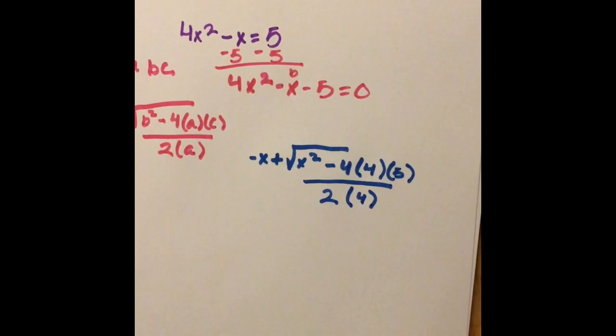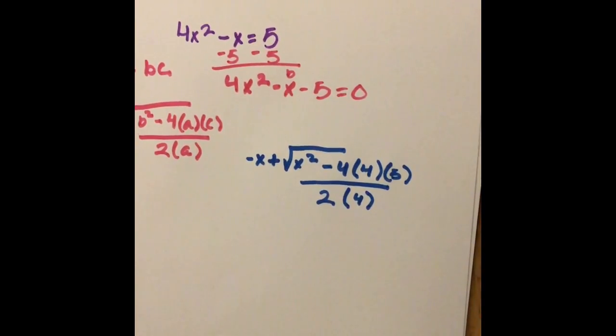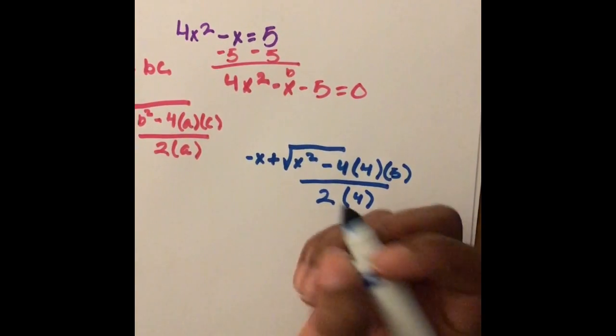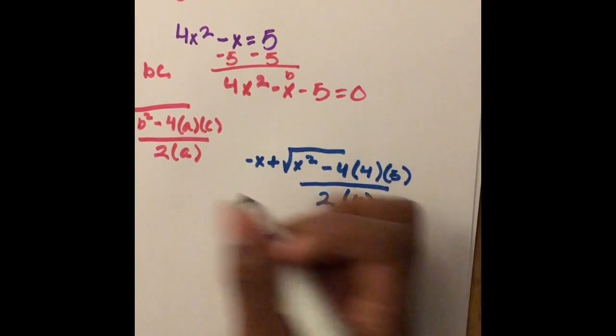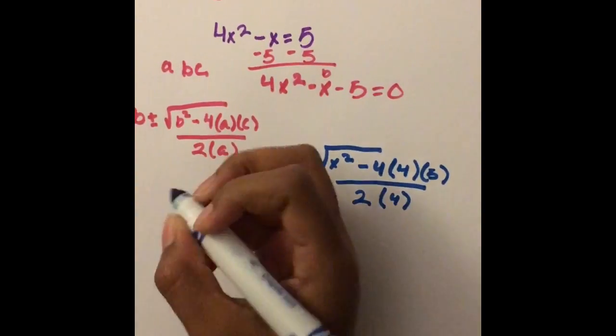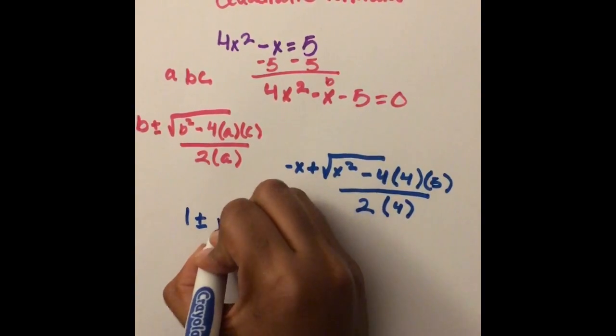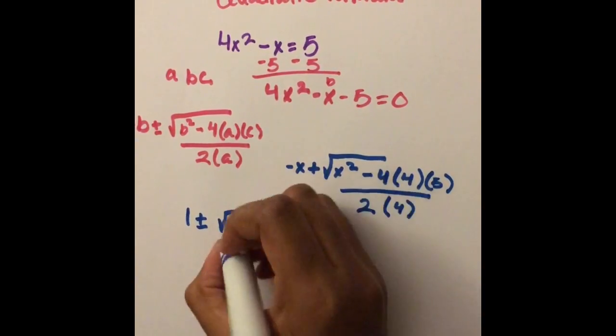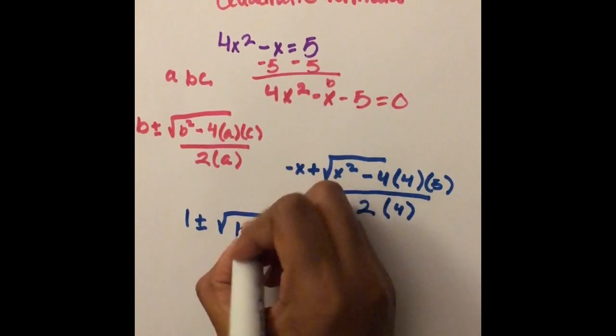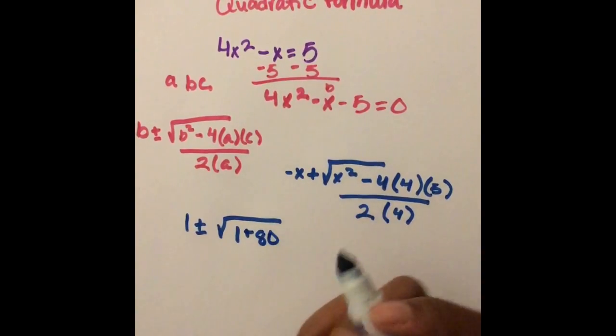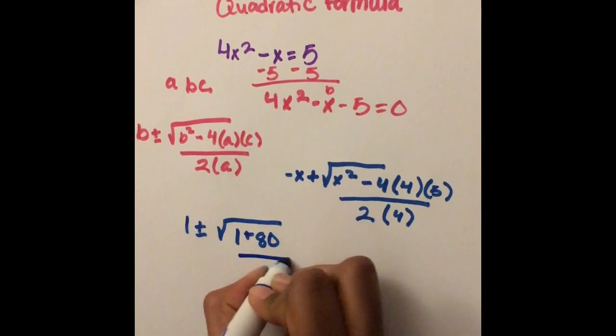And we are going to solve for this. Now, this will give us 1 plus or minus the square root of 1 plus 80 over 8.